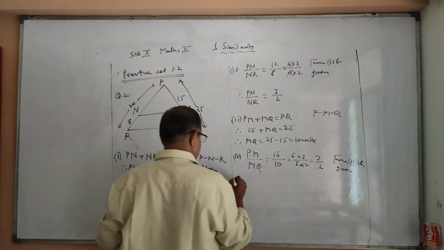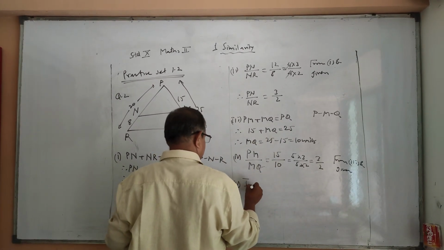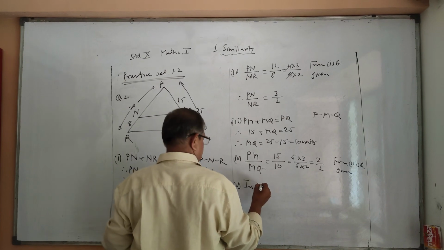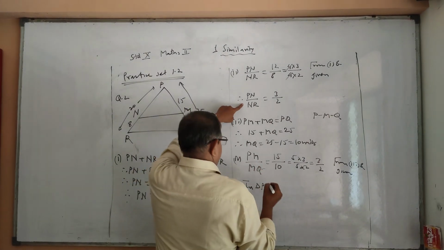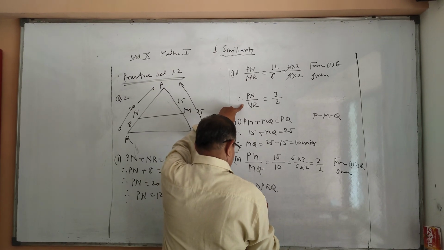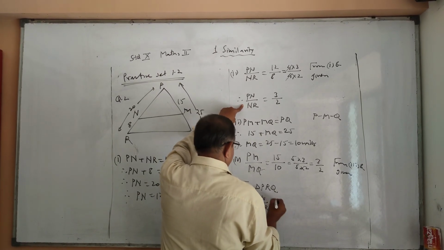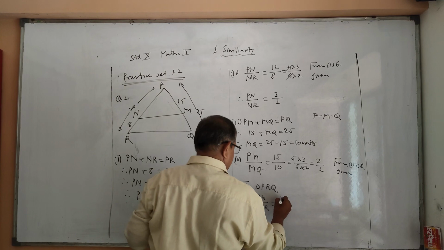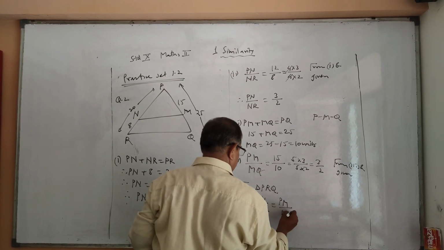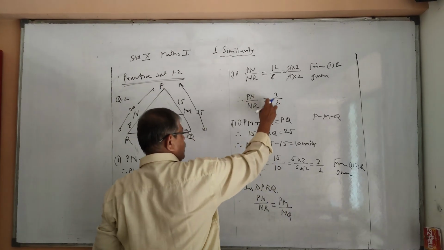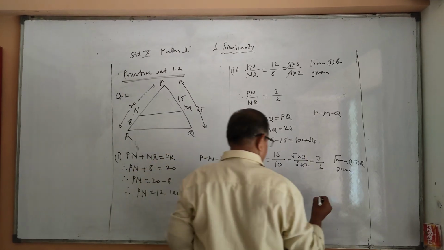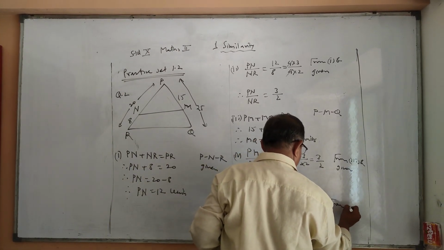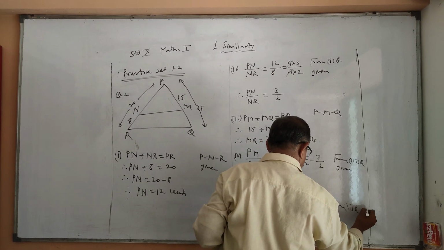And so I understood in triangle, this word is important. In triangle PRQ, what I get? PN upon NR is equal to PM upon MQ, because PN upon NR value is 3 upon 2, PM upon MQ is also value 3 upon 2 from 2 and 4.